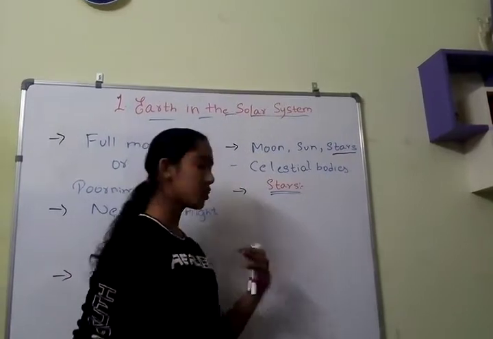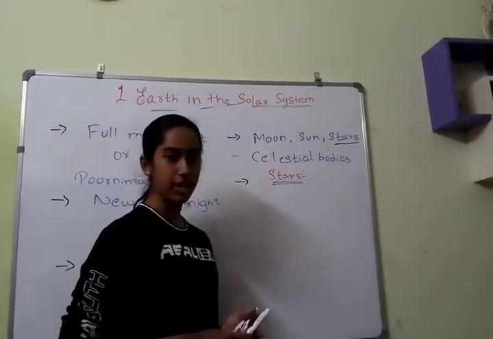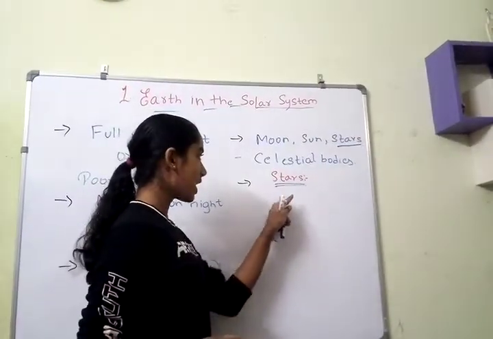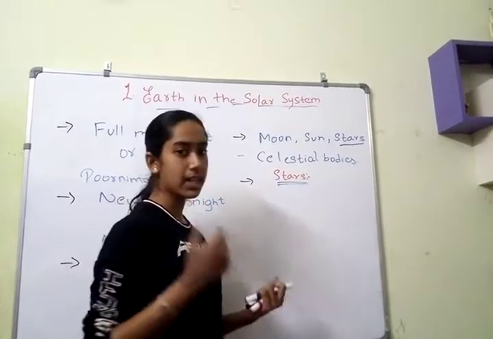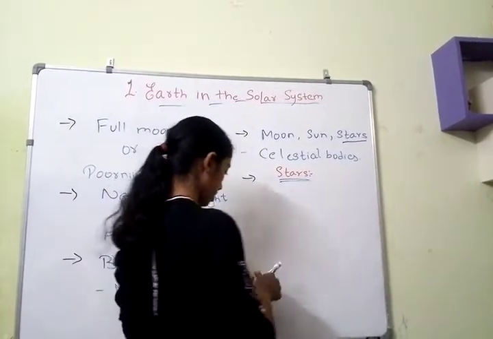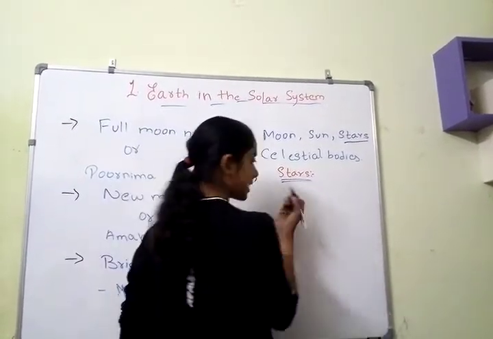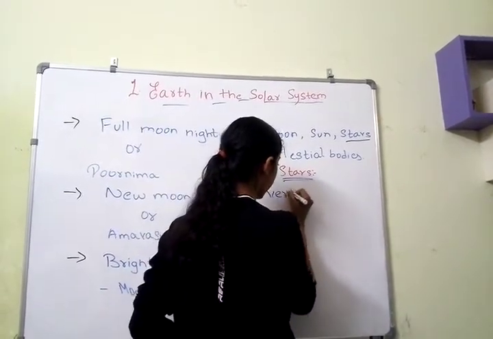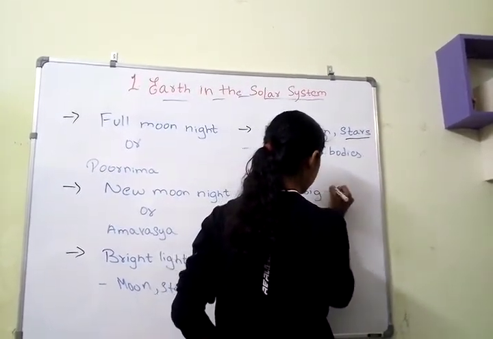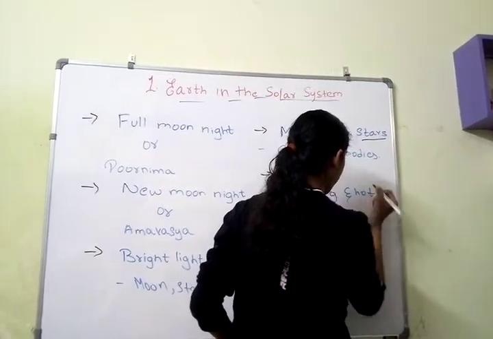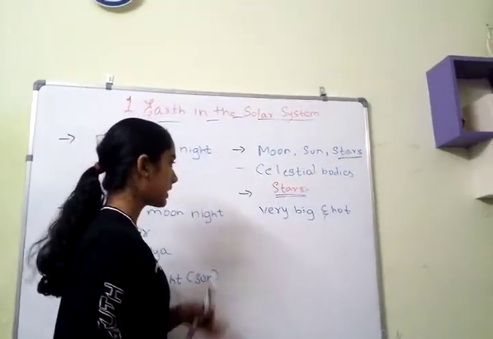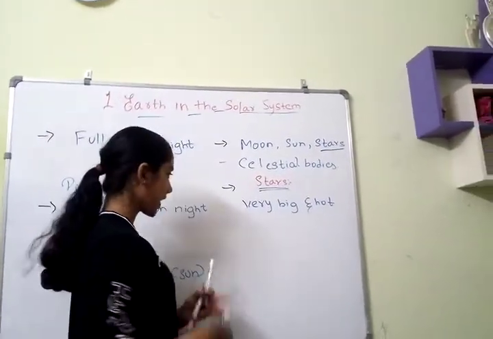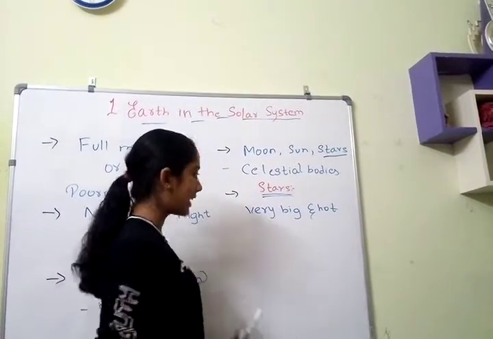Let's know some important points regarding the stars. Stars are very big and hot. And another thing is that they emit their own heat and light.